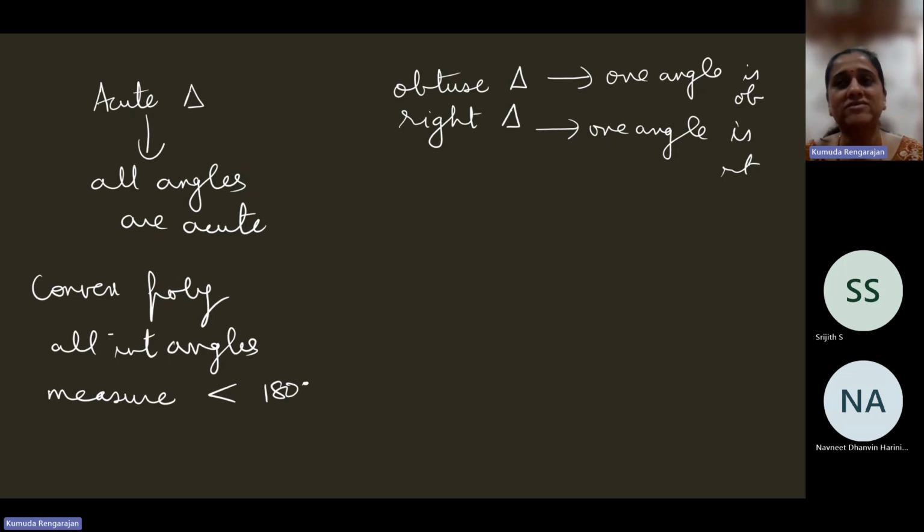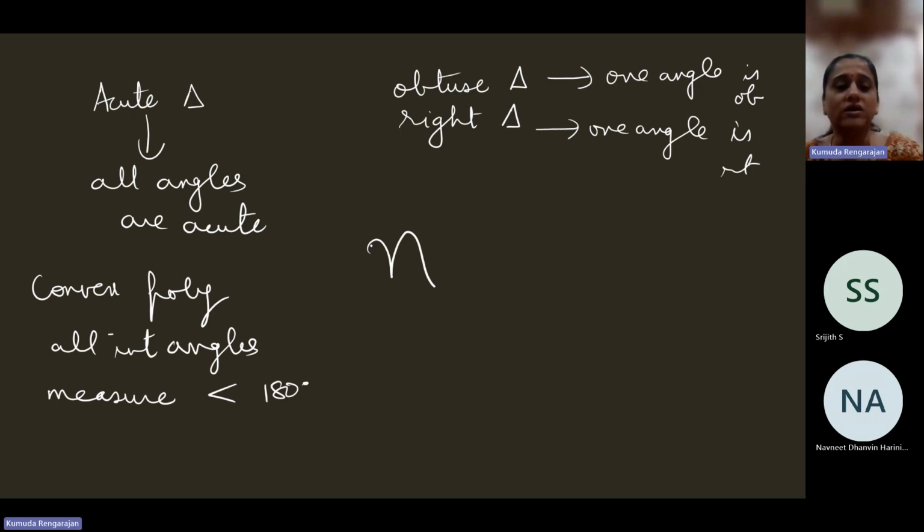If the polygon has 15 sides, it will have 15 interior angles and 15 exterior angles. A polygon with n sides will have n interior angles and n exterior angles.